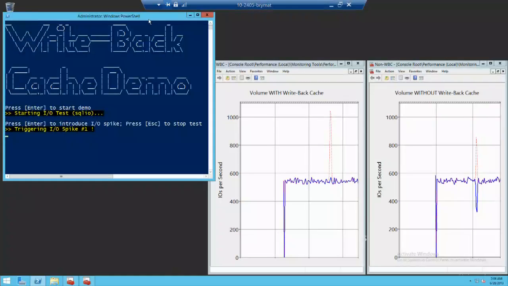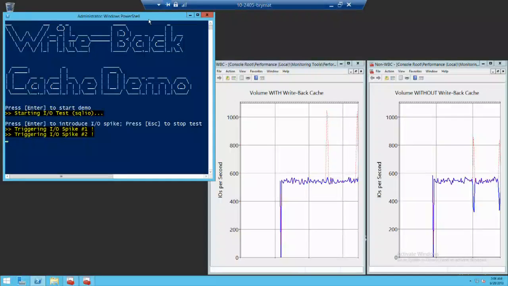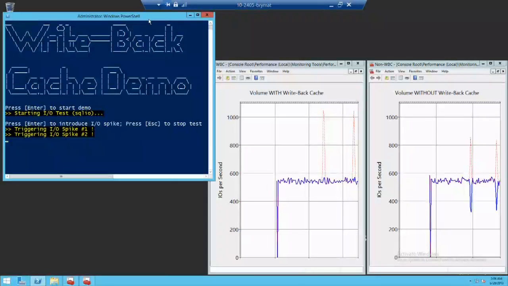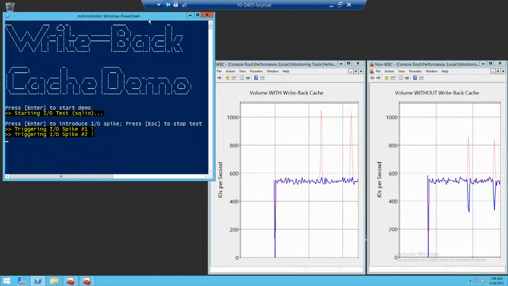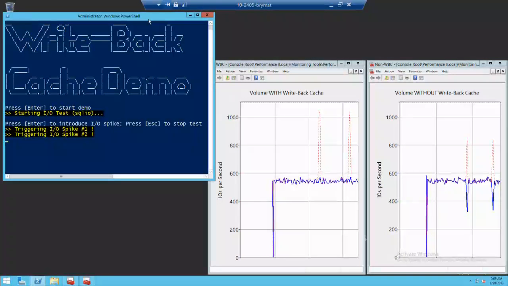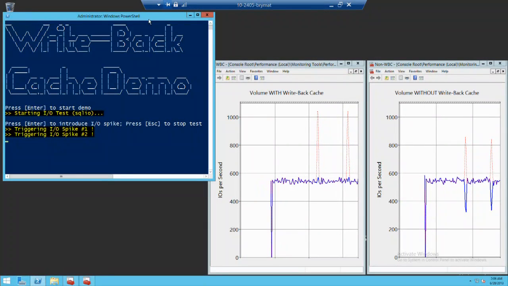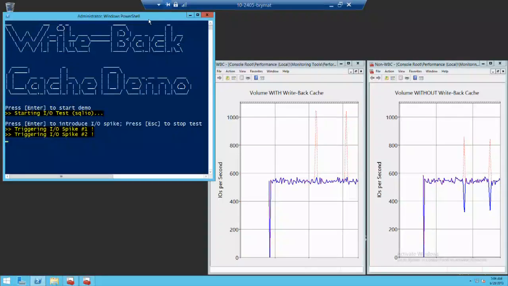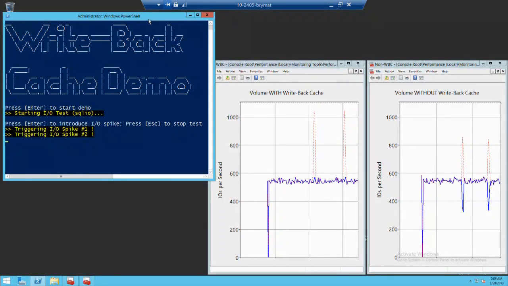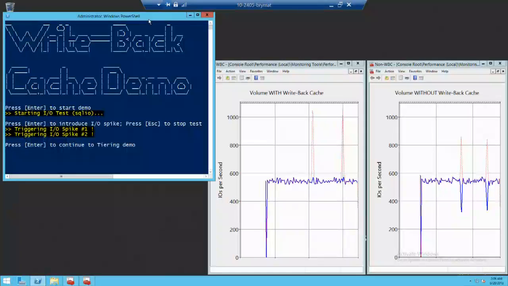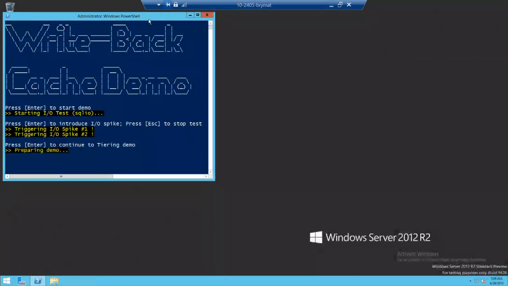On the volume with the write-back cache, my SQL I/O workload was unaffected. Let's introduce another write spike. The write-back cache provides the staging area for these random writes that occur to this volume to not affect, or not as much affect, the ongoing workloads. Let's jump to the tiering demo now.